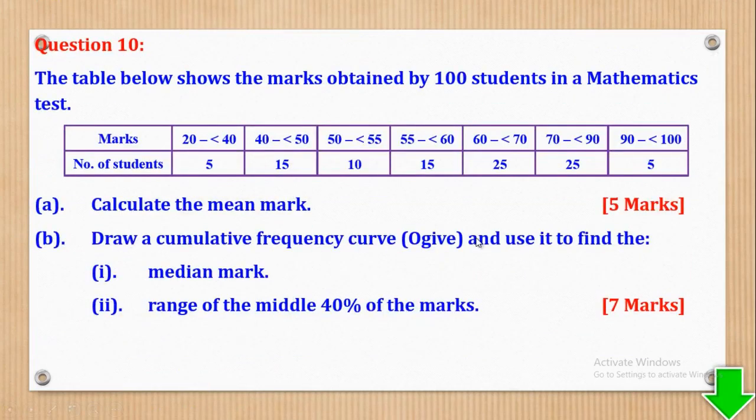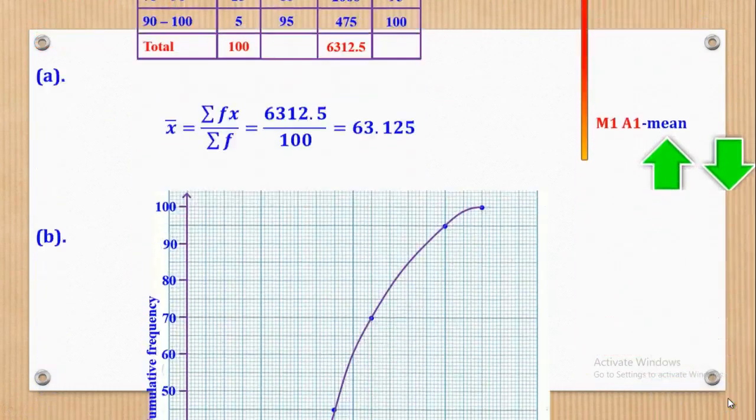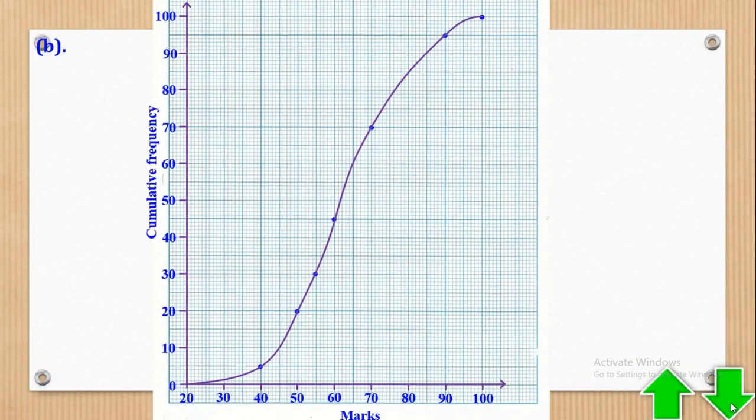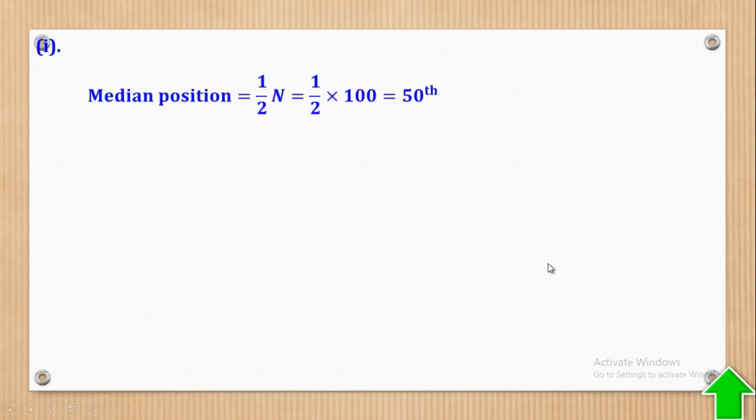So you have drawn the ogive, but they want you to use it to get the median mark and the range of the middle 40%. So let's start with the median mark. For you to get the median mark, you have to first get the median position. Median position is a half n, which is a half times 100.